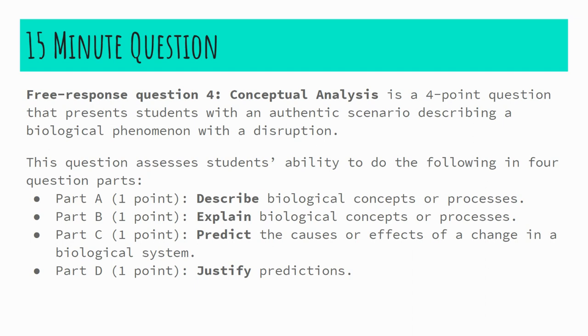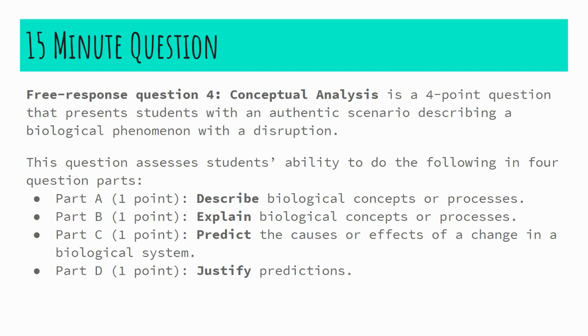And then we have our 15-minute question. Again, you're going to be presented an authentic scenario, not based on data in particular, but it's going to be like a biological phenomenon that has a disruption, which we've seen in our FRQs before, whether it be cell-to-cell communication or whatever it is.